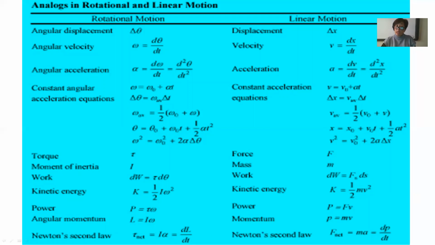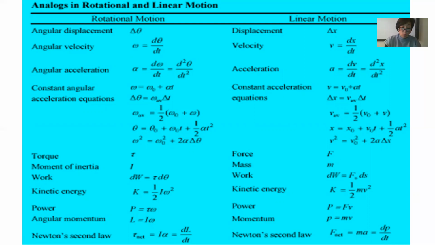Newton's second law for linear motion is F equals m a, or in the second form, the first derivative of momentum with respect to time. For rotation, Newton's second law is the first derivative of angular momentum with respect to time. This is the table of analogies between rotational and linear motion.